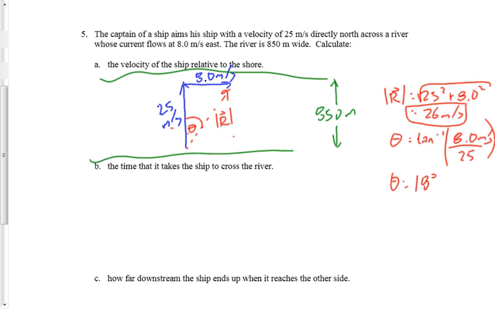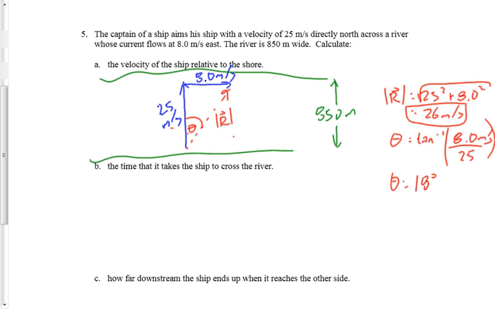Now, how do we express that? 18 degrees, what of what? We have north-south axis, we have east-west axis here. This angle that you see here, theta, 18 degrees, is only touching one of the axes. It's only touching north or east.